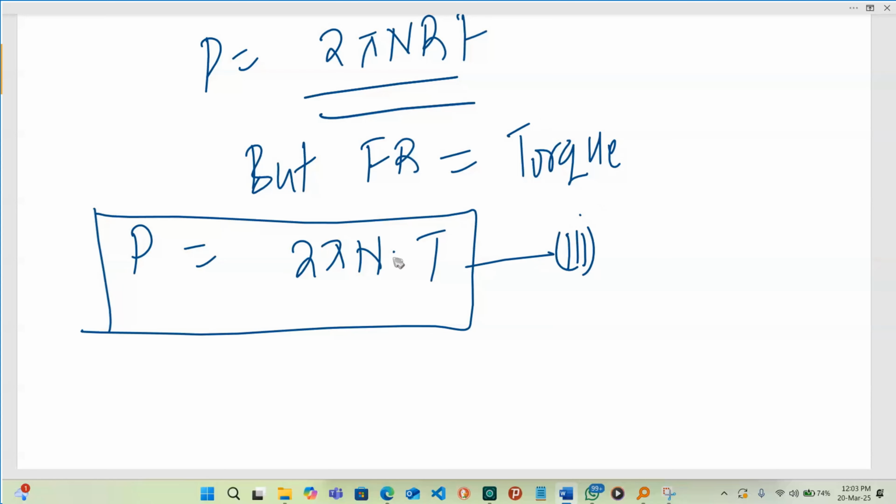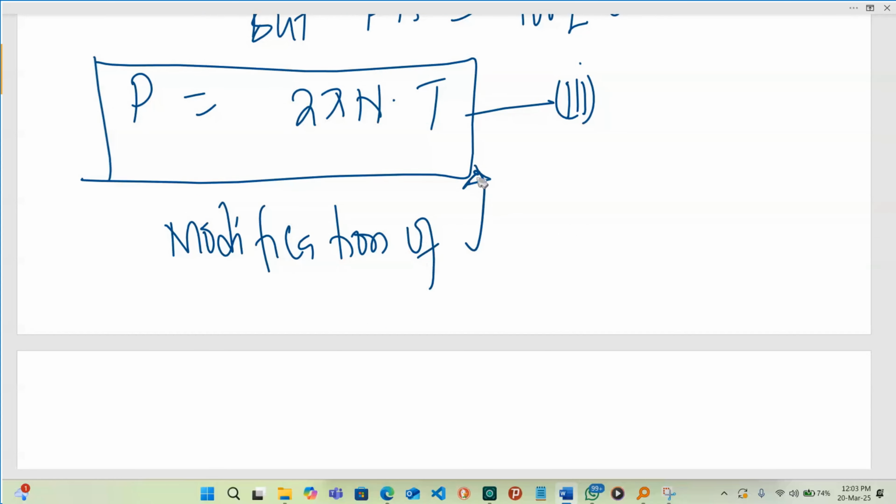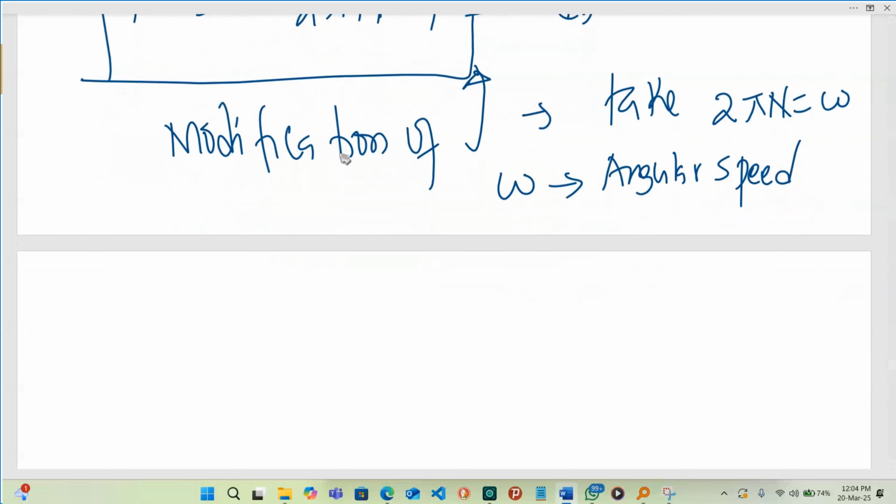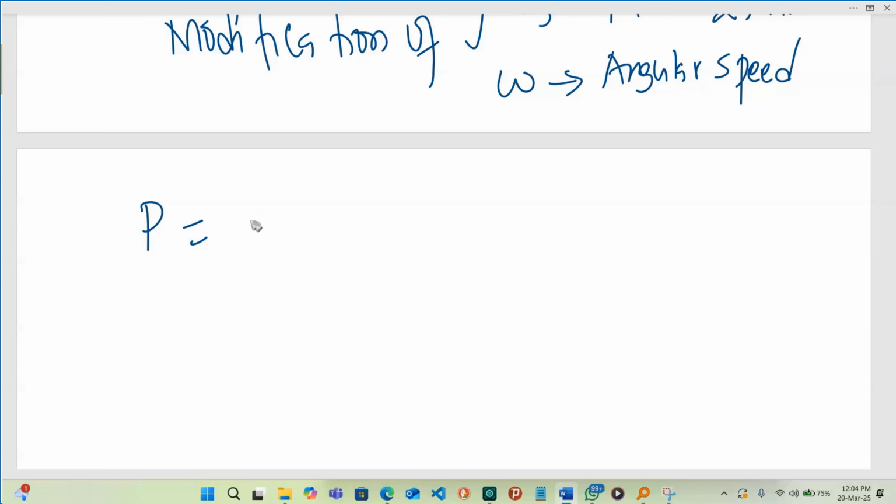So we can further modify this equation. We shall take 2πN equal to omega, which is what we call the angular speed. So power will be 2πNT, and this is the same as ωT. But here we consider N to be revolutions per second.